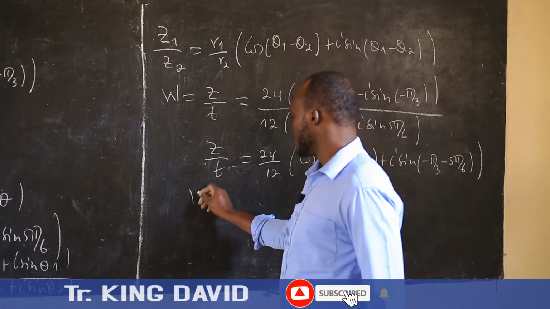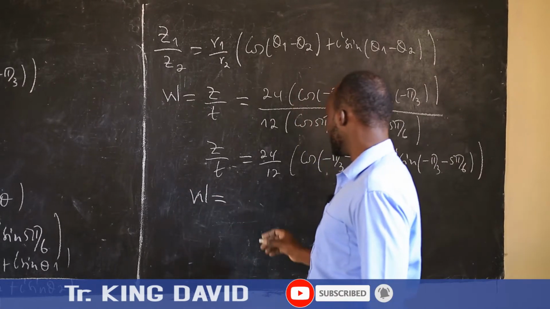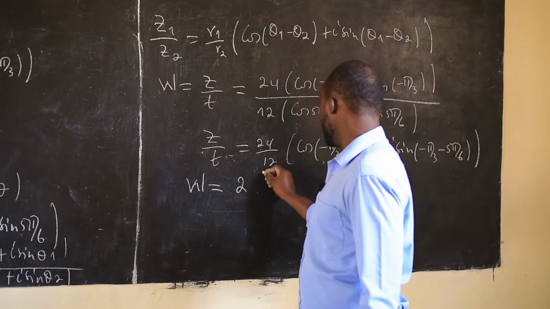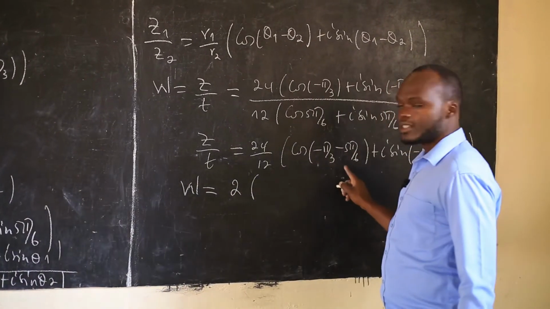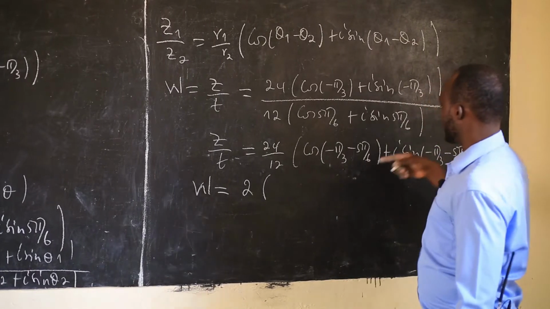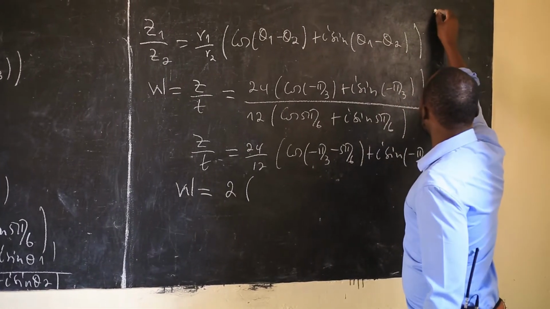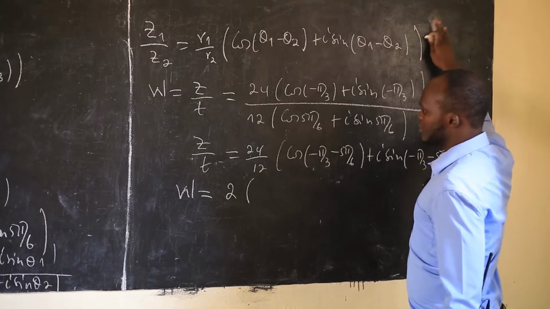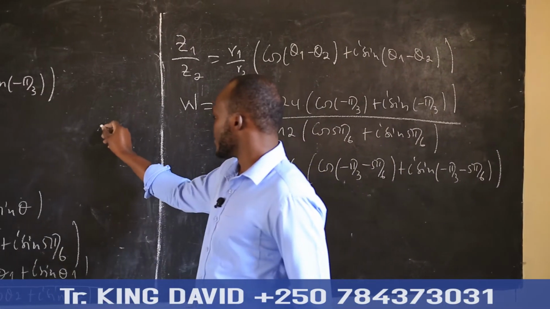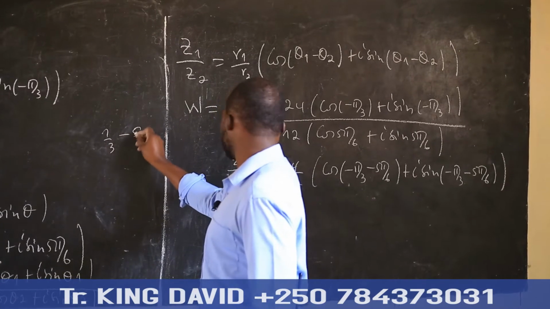So W finally is 24 divided by 12, that is 2 into bracket. LCM here is 6. We have 1 over 3 minus 5 over 6.